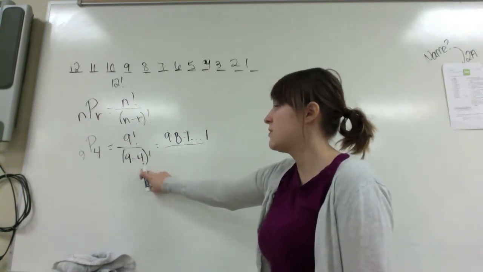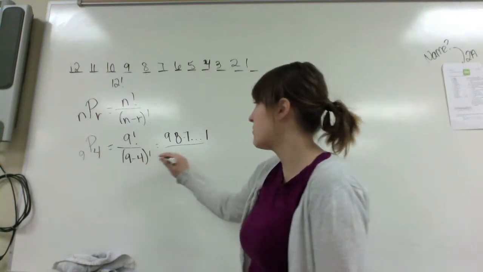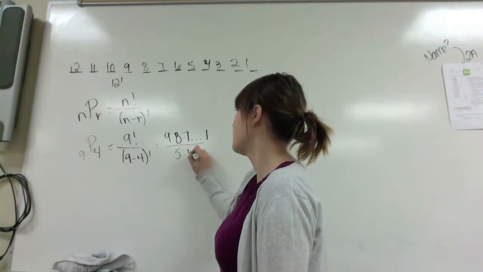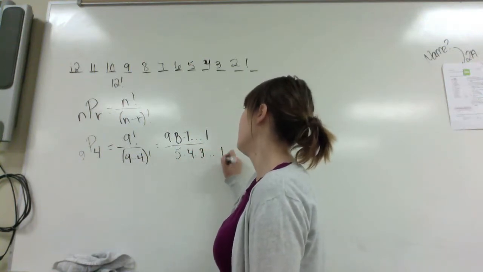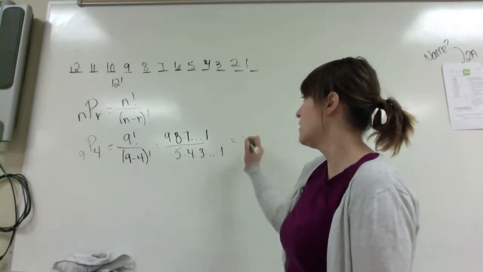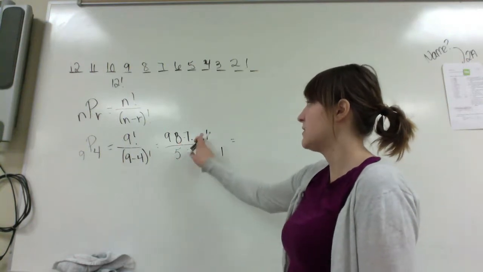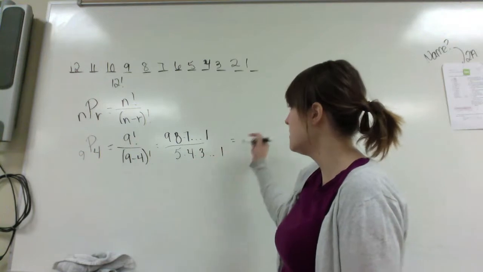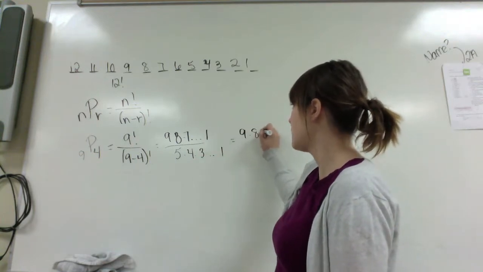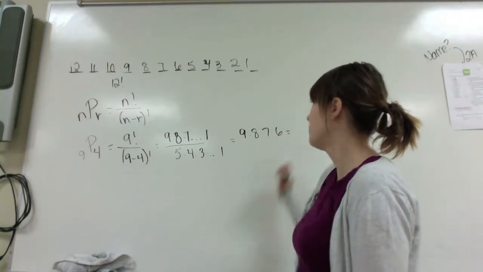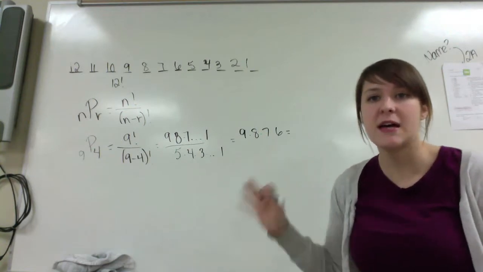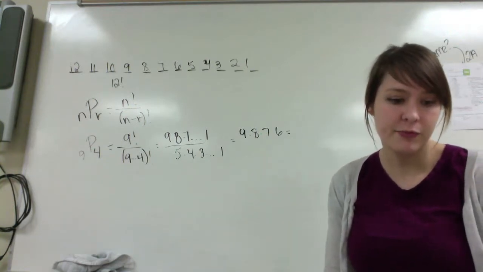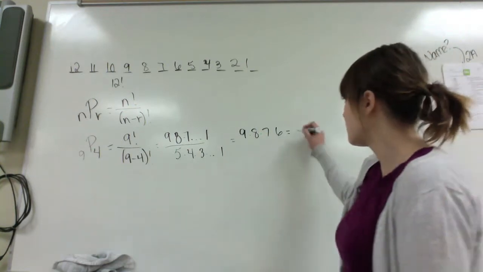Okay, 9 minus 4 factorial, that's 5 factorial. So that's 5 times 4 times 3, all the way down to 1. So really, if I think about this, once I get to my 5 here, everything past my 5 is going to cancel. So this is really just 9 times 8 times 7 times 6. Okay, because everything past my 5 is going to cancel out. And that gives me 3,024.